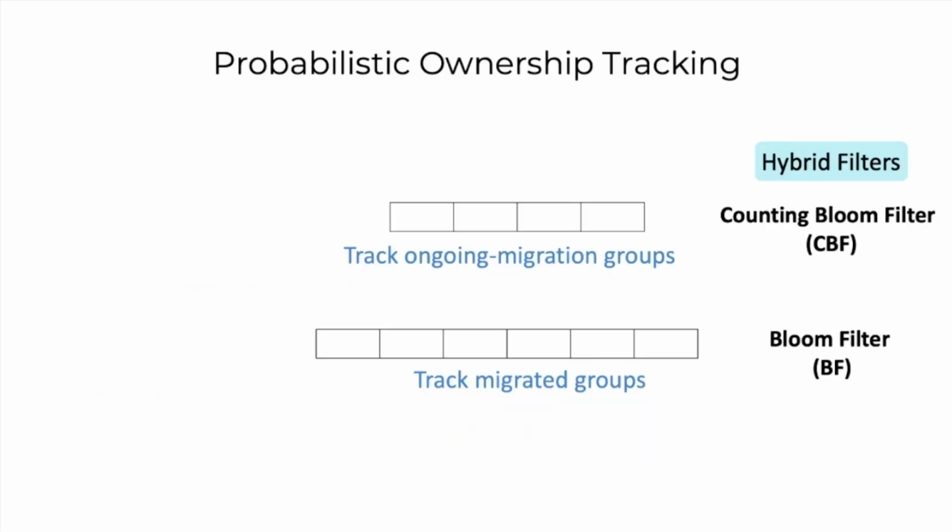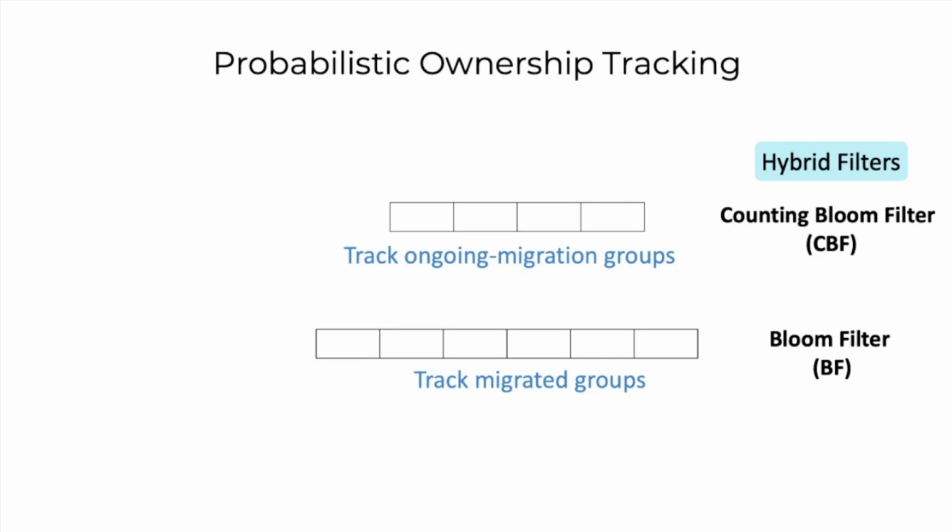And then we still need to shrink the space. We propose to use space-compact probabilistic data structures, Bloom filters and counting Bloom filters, to track the data ownership. We use counting Bloom filters to track ongoing migration groups because in counting Bloom filters the value can be dynamic, can increase and decrease.